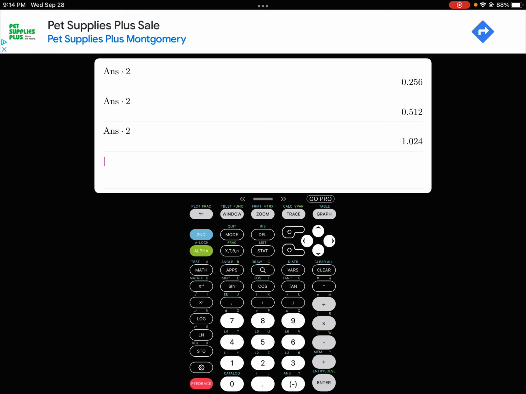Half an inch is going to double to an inch at 8 folds. 1 inch to 2 inches at 9. That doubles. 4 inches at 10 folds. 4 doubles to 8. 16 inches. 32 inches. 65 inches. 131 inches. 262 inches. And so on and so forth.